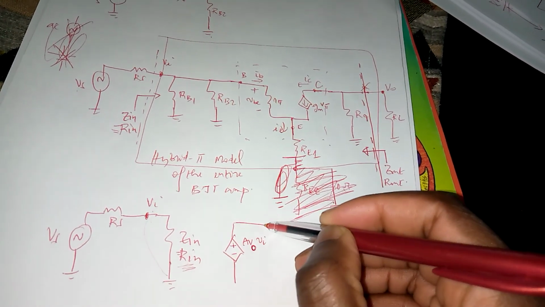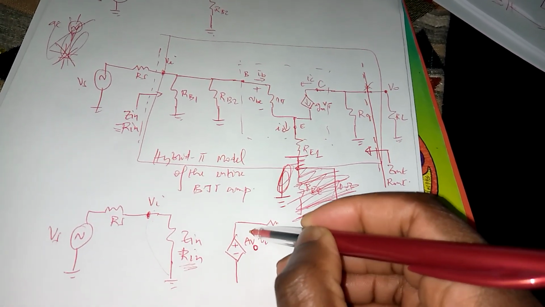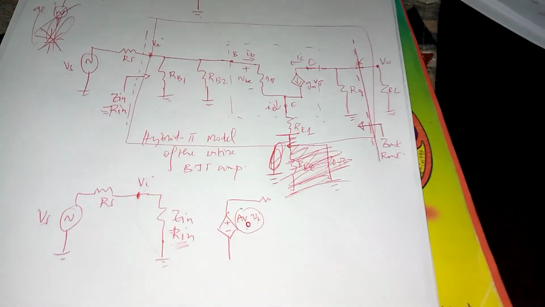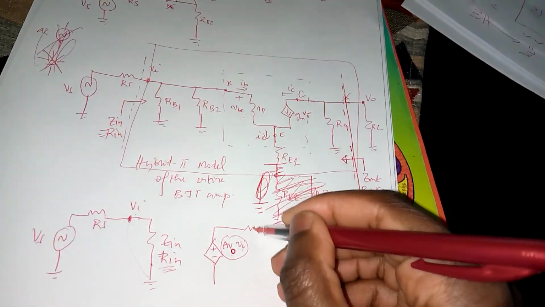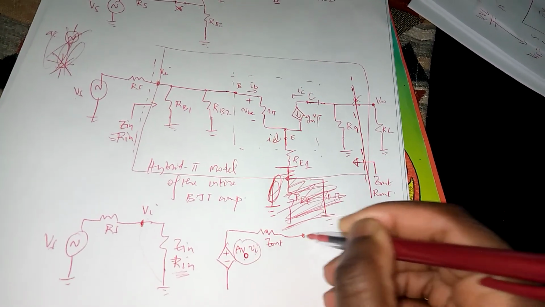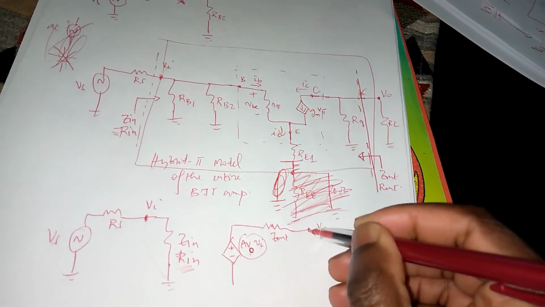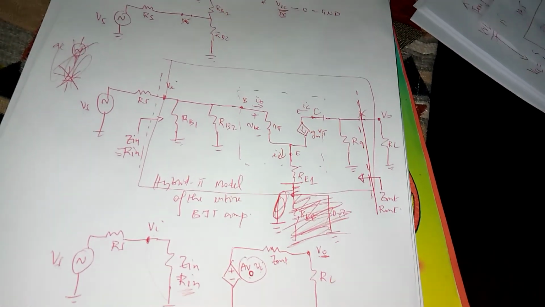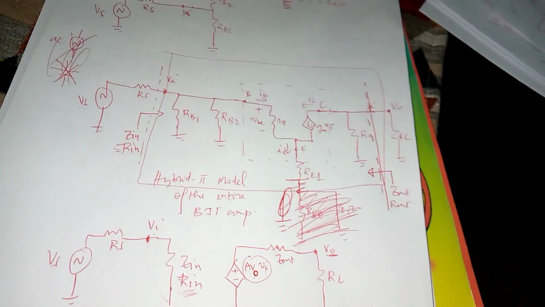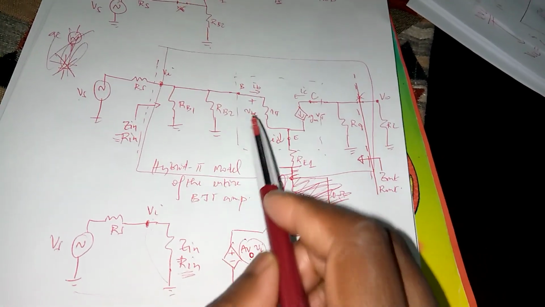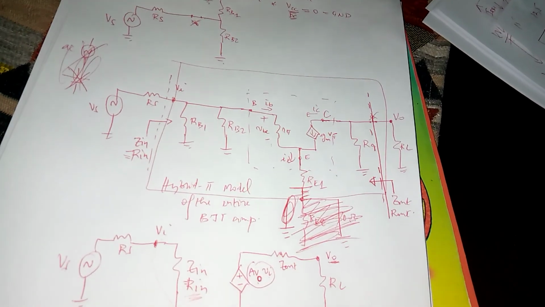And this voltage, which is Vi multiplied by the gain, meaning by how much it has been boosted, is shared once more between Zout and RL, and that way your Vout is the actual Vout that ends up on the load, RL. So this is the hybrid pi model of the BJT amplifier as a whole, but this is the small signal equivalent circuit, which is more detailed, right? Okay.